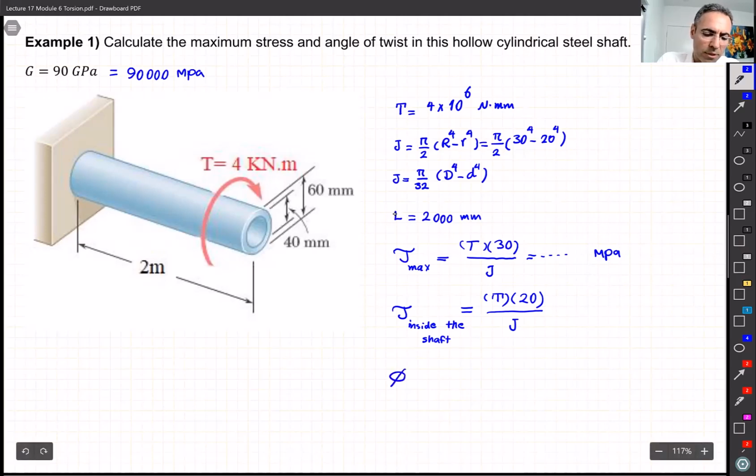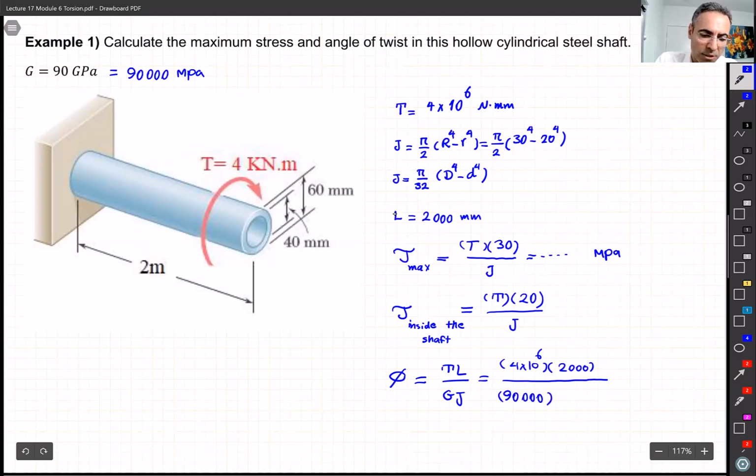And the angle of twist, phi, the formula is TL over GJ, which basically we have everything that we need. We just substitute these numbers. T is 4 times 10 to the power of 6, L is 2000, G is 90,000.